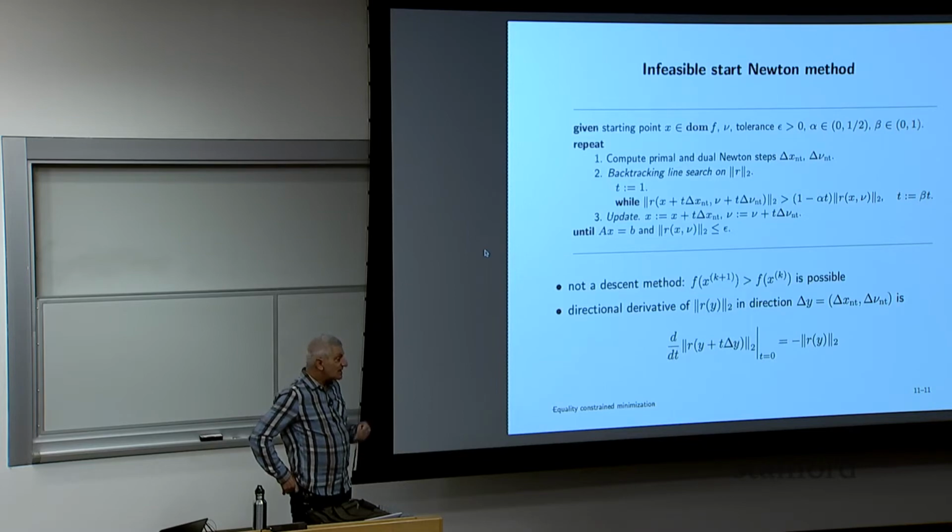You don't just take x plus t delta x and then evaluate the gradient and Hessian, because if x is outside the domain, so an entry of x is negative, for example, or 0, then you're really going to be messed up, especially if you had formulas like the gradient is 1 over x minus 1 over x and the Hessian is 1 over x squared.